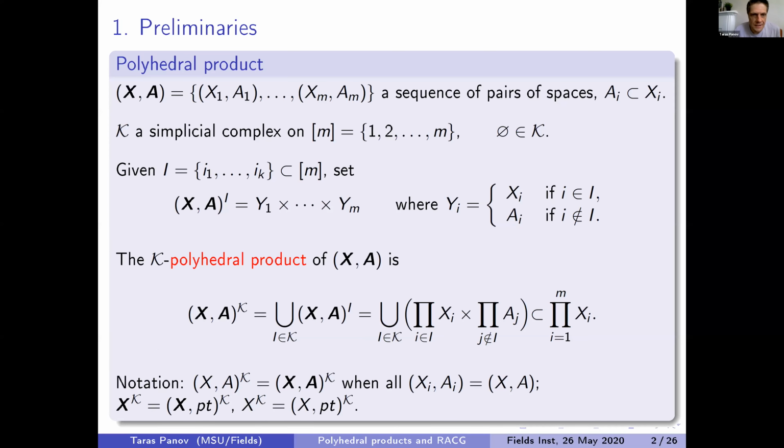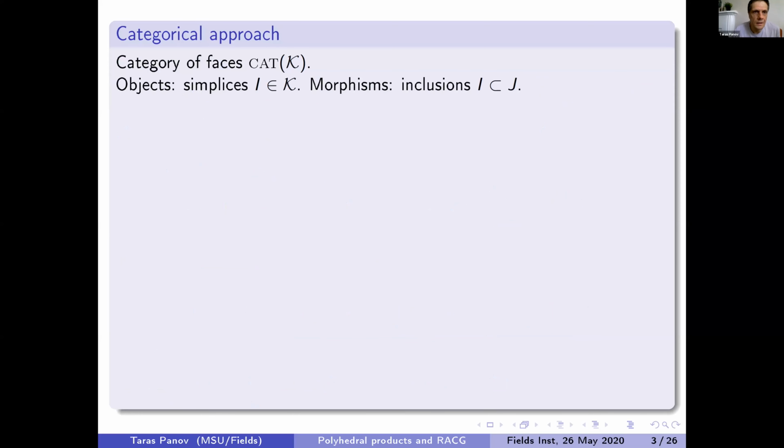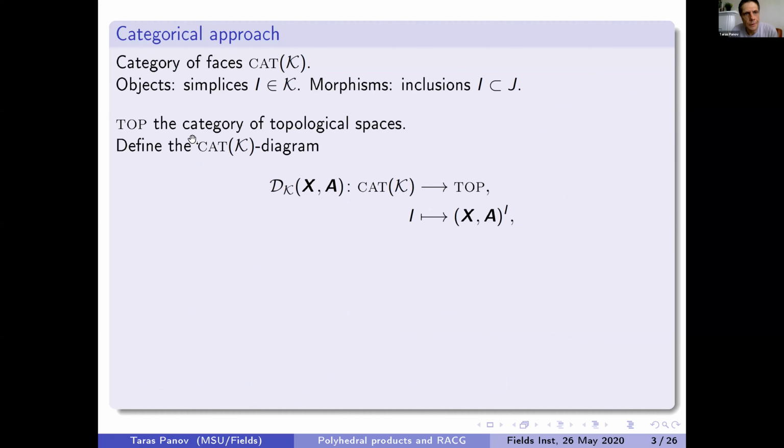Well, most of you know many examples of this, but I'll give you some more in a second. But let me first review the basic categorical approach to this. You can look at it as a colimit of a very simple diagram. You look at the very small poset category of faces in your simplicial complex. It has an object for every simplex, and morphisms are inclusions, so there is at most one morphism between two objects. And we have the big category of pointed topological spaces.